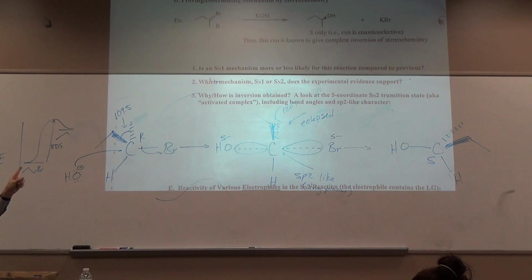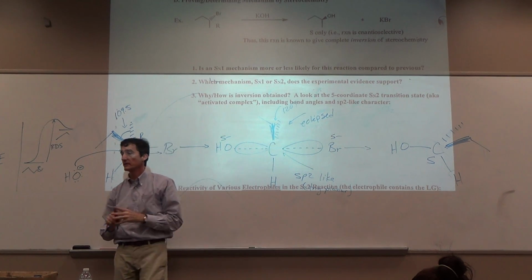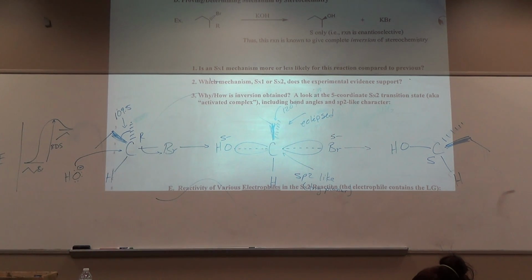If they cannot spread out to 120, it means it can't achieve this transition state. And if you can't do that, the reaction is going to be very tough and may not occur at all. So understanding the geometry, what the transition state looks like, helps you predict some reactivity.